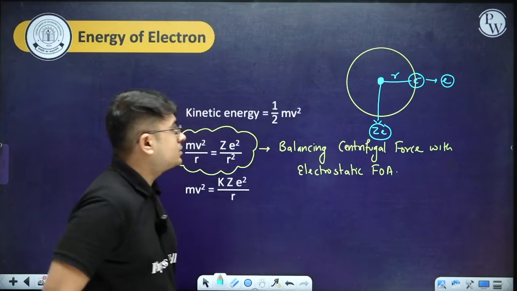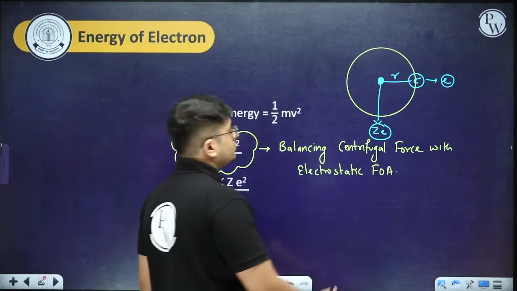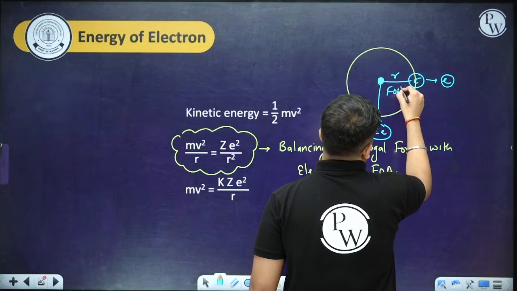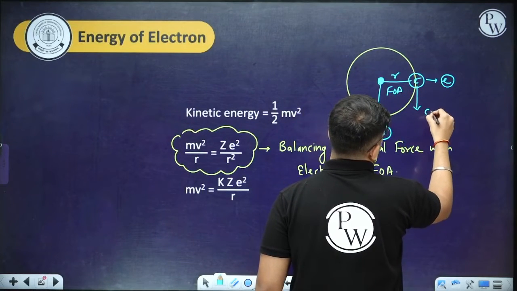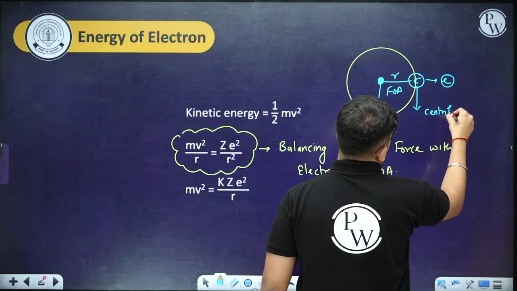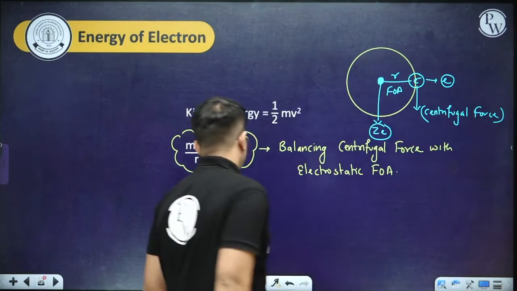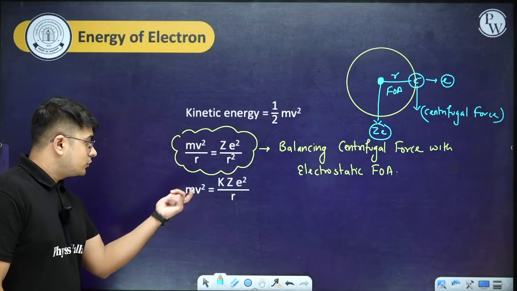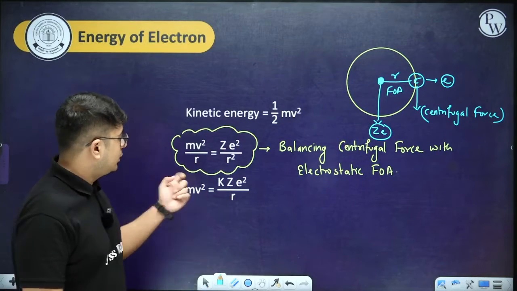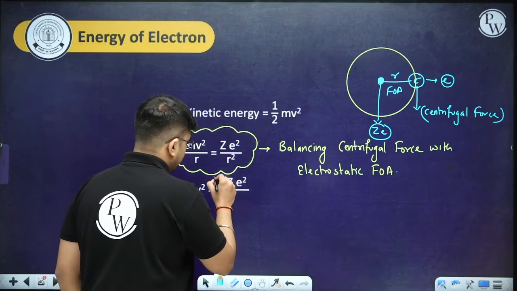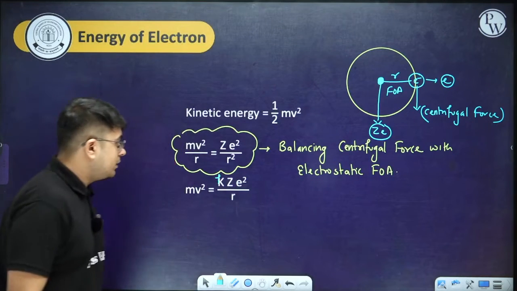Distance of separation is r. So the first part is the force of attraction and this part is the centrifugal force. So we are balancing this entire part. From that I can say mv square will be equal to kZe square over r.